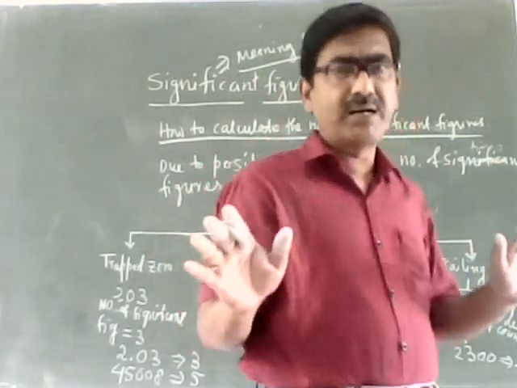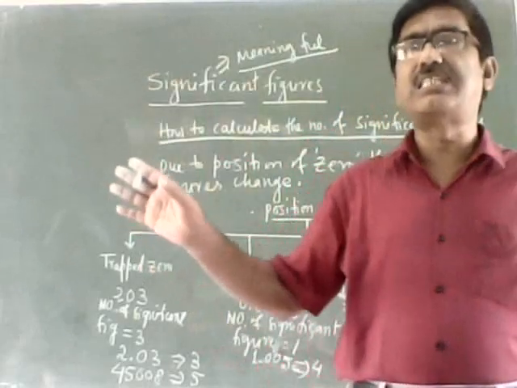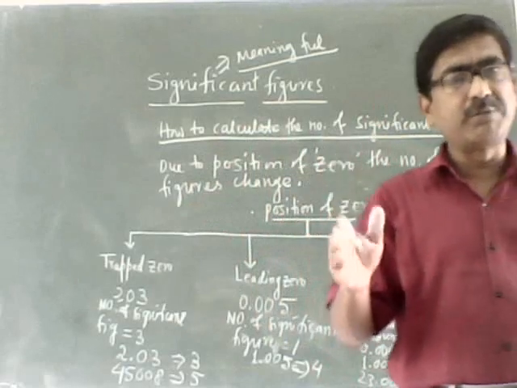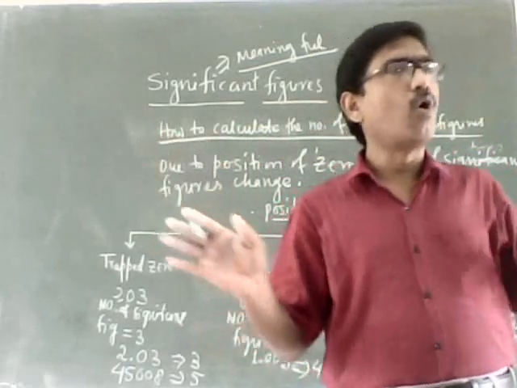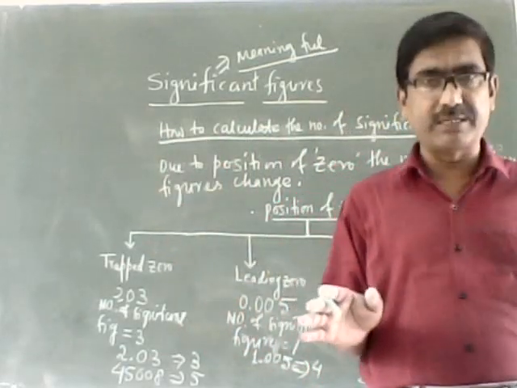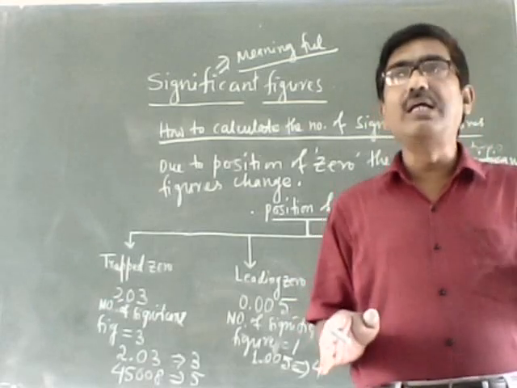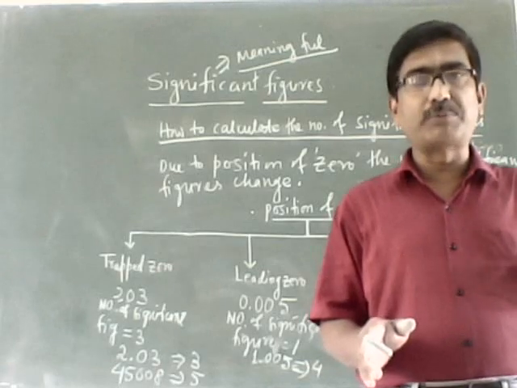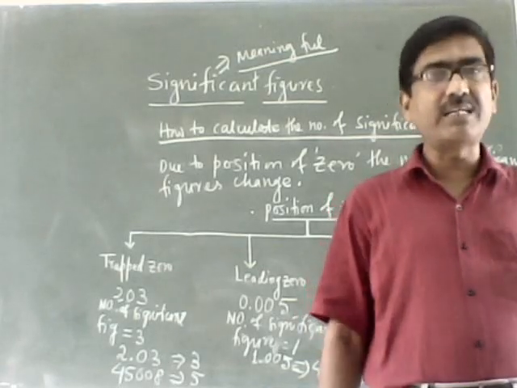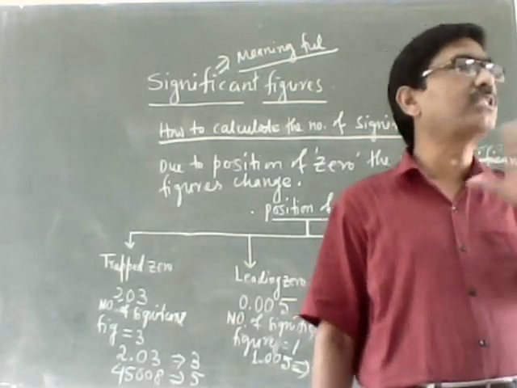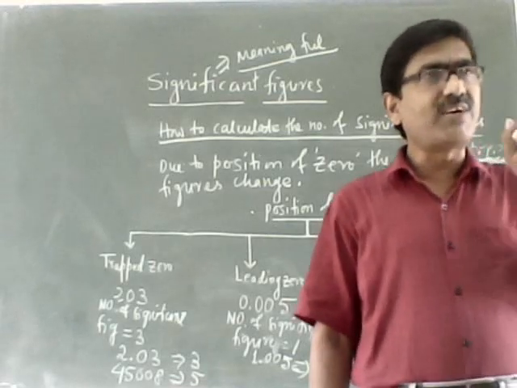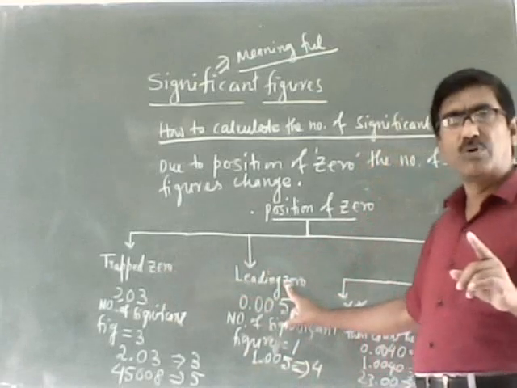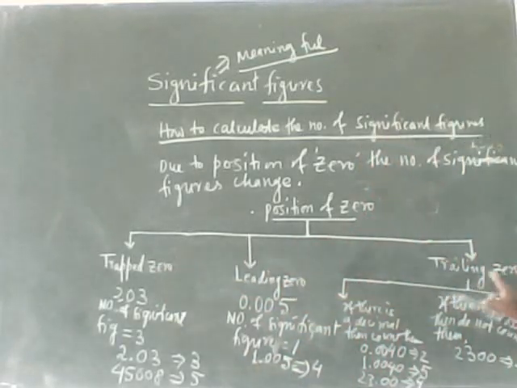Mainly what you have to remember, that all non-zero digits, they are significant, whatever be their positions, with decimal, without decimal, whatever may be. And second thing, only due to the locations of zero, the number of significant figure changes. So what are the locations or positions of zeros? First one is trapped zero, second one is leading zero, and third one is trailing zero.